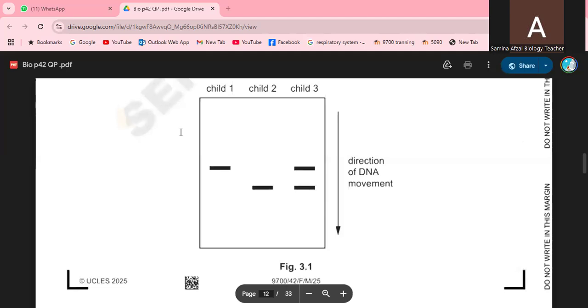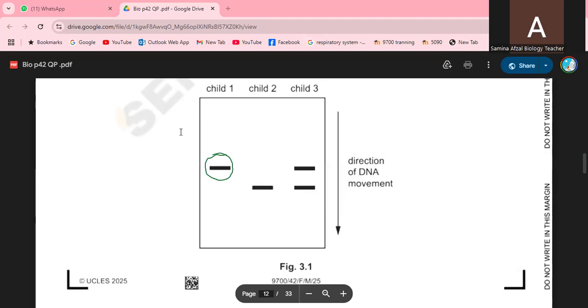Here we have to identify the child who will not receive the antibiotic gentamicin. So here you can see child 1 has only a single band, which is at the higher level, at the top.